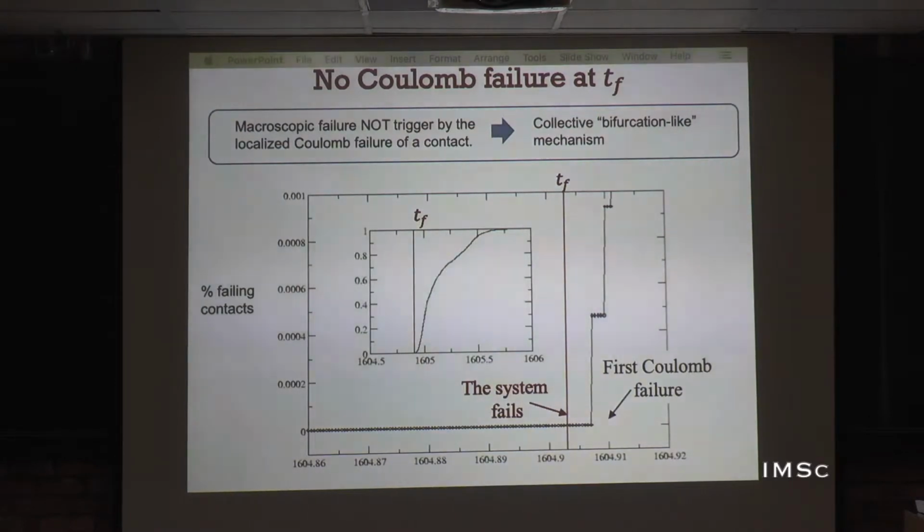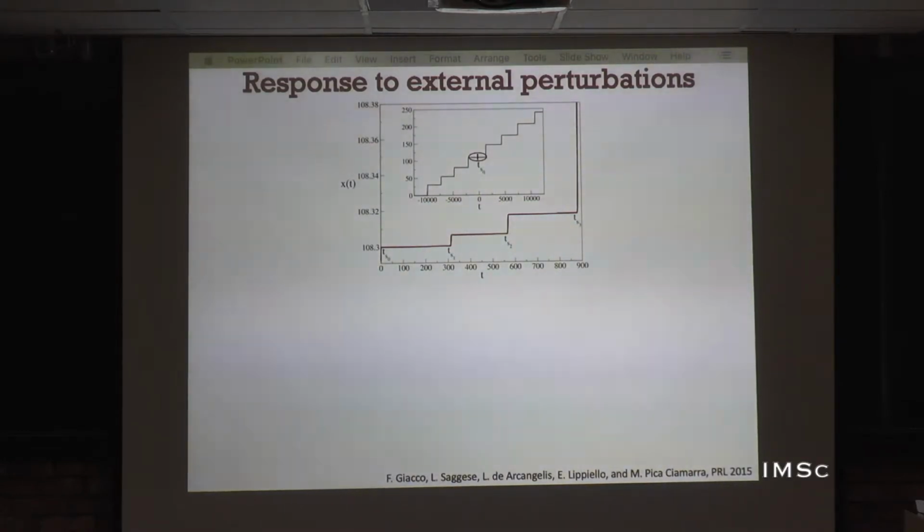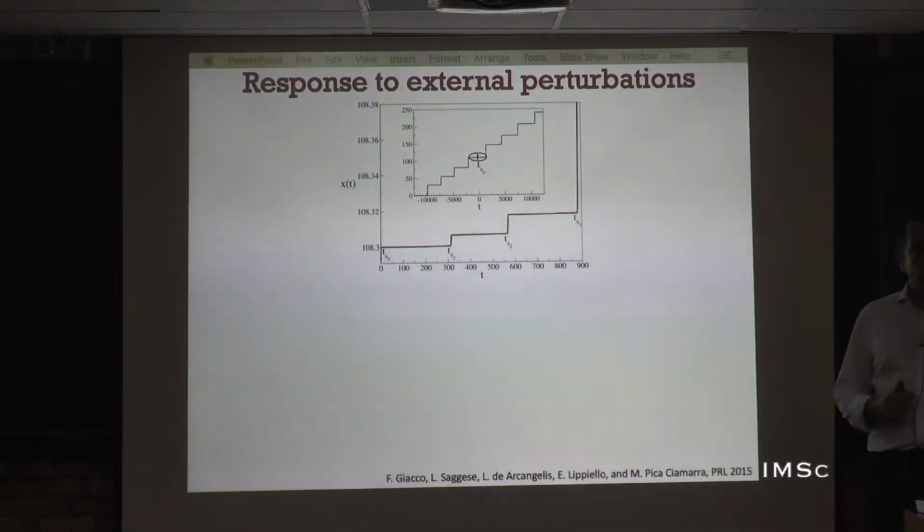There is another indirect evidence of the existence of a collective process that comes from the investigation of the response to perturbation. If the failure is associated with a localized, discontinuous event, like a contact reaching the Coulomb threshold, then the system has no knowledge of the fact that it's approaching failure. So the mechanical properties are not expected to change as you approach failure.